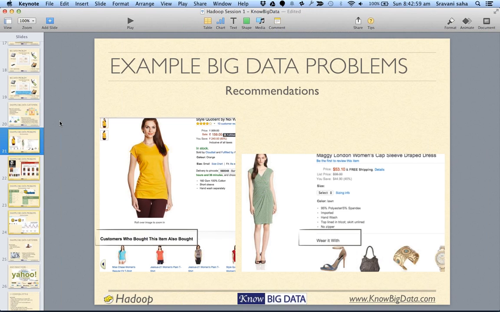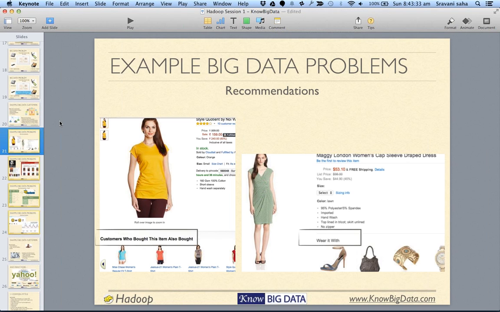But recommendation became interesting when the data grew bigger, because there is so much data, and hence a proper recommendation will be closer to reality than one where you get the recommendation using a few data points.